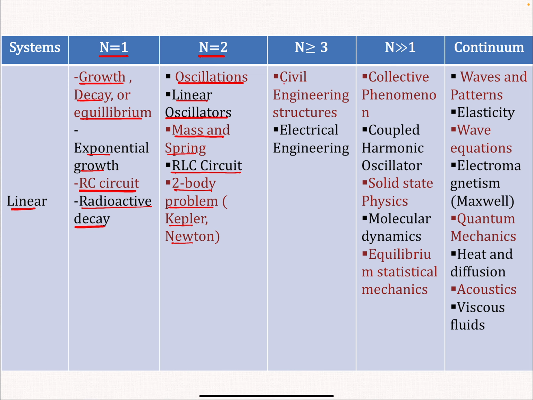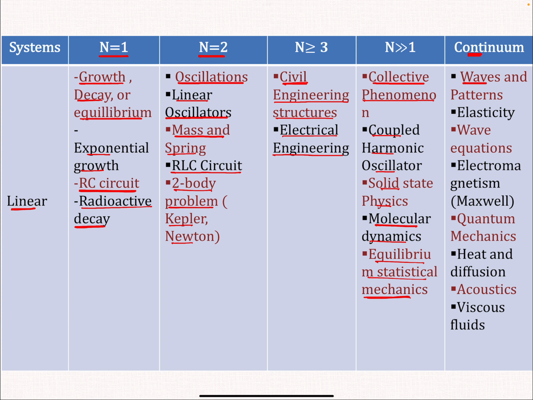When n is greater than 3, like civil engineering structures or some systems in electrical engineering, these are examples where n is much greater than 3. When n is very large, there are collective phenomena like coupled harmonic oscillators, solid state physics, molecular dynamics, and equilibrium statistical mechanics. These are examples of dynamical systems where the dimension is very large.